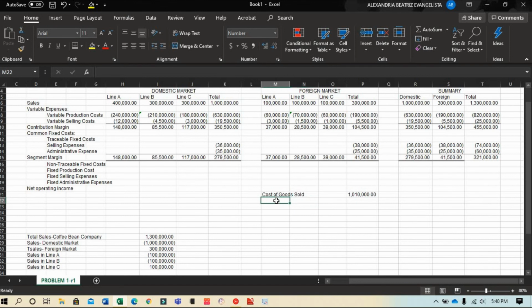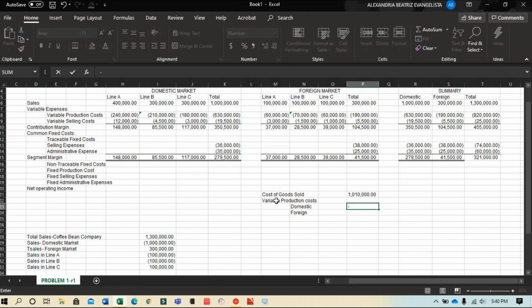So in here, just going to deduct the variable production costs. Production costs for both domestic and foreign, which is 630,000 and 190,000.